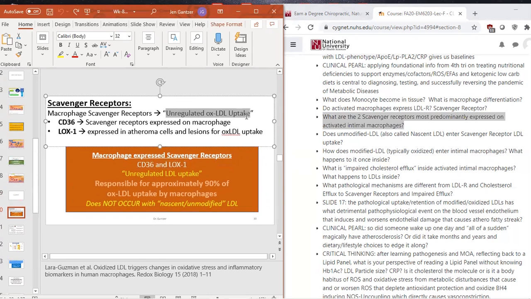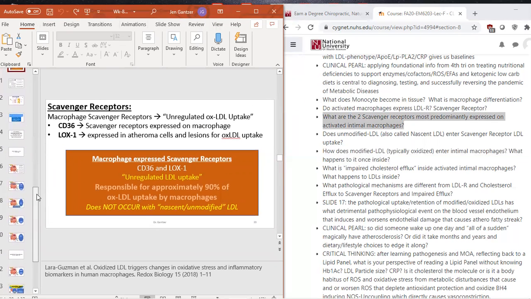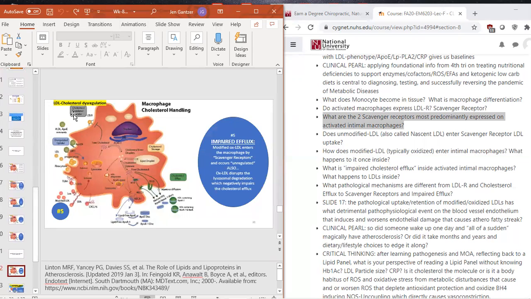These are your unregulated, oxidized, modified LDL uptake. So what does unregulated mean? Unregulated means that unlike our normal LDL receptor, which gets endocytosed, and that stops any more LDL particles from entering the tissue, the opposite is true.